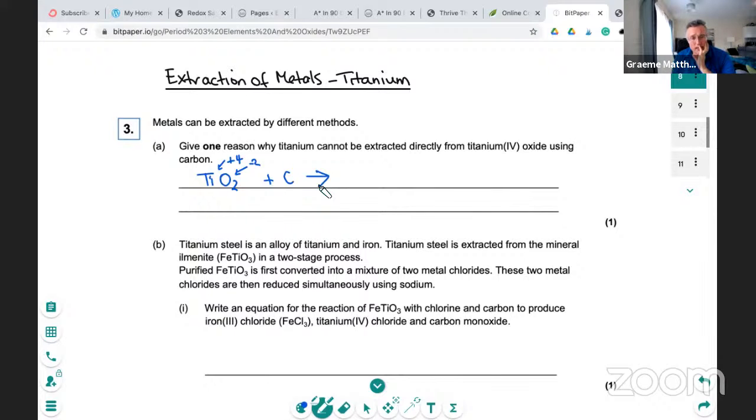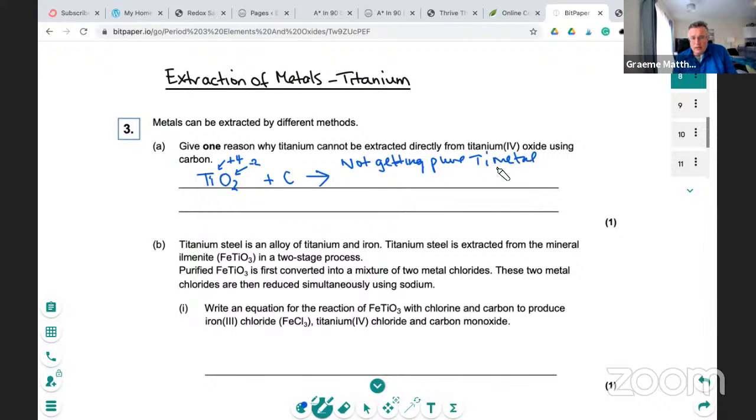pure titanium? No, I wouldn't, because the titanium has to be reduced down to titanium metal. What's the oxygen going to do? What's the carbon going to do? So I'm going to say you're not getting pure titanium metal.